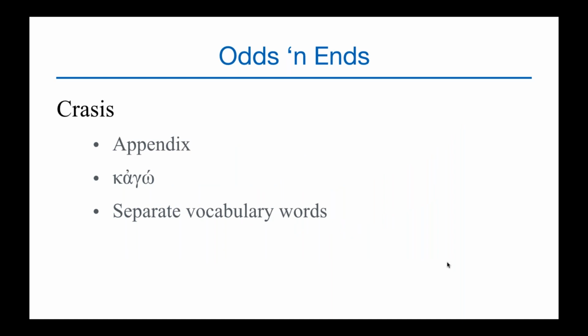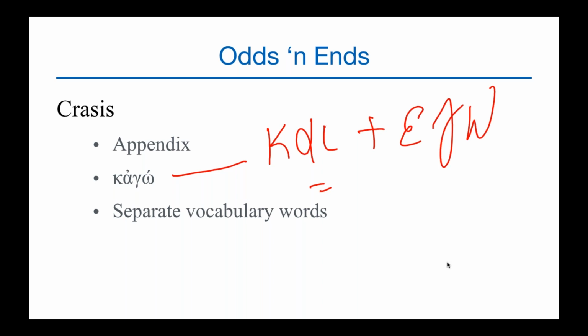He mentions crasis, which is whenever it's kind of like a contraction in English. So this word kago is what happens when you have kai plus ego, and you get kago.